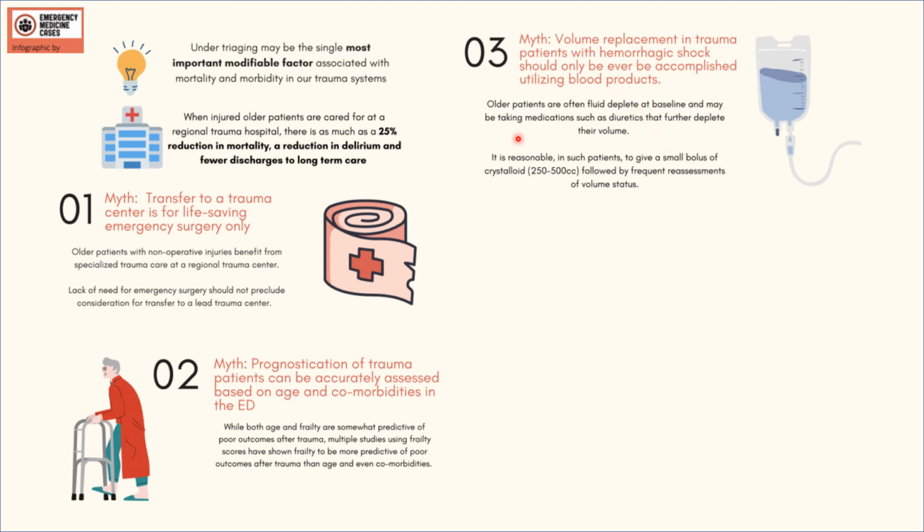Volume replacement in trauma patients with hemorrhagic shock should only ever be accomplished utilizing blood products. Here you have to think about the elderly being usually dehydrated at baseline. The theory of not giving fluids in major trauma is a topic for a different time, but it's usually because you're destroying the glycocalyx, which destroys the coagulation cascade, and you'll just thin the blood so that it can't coagulate.